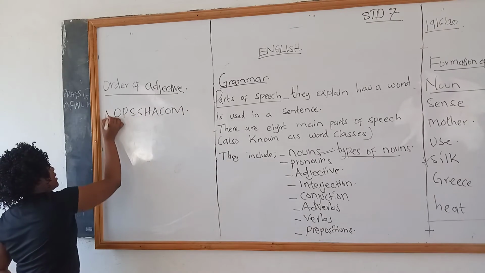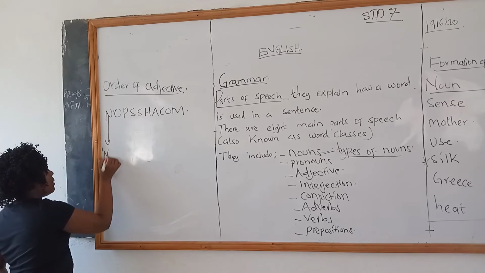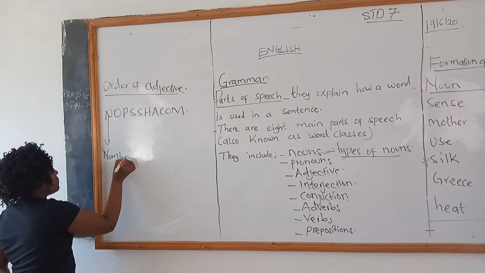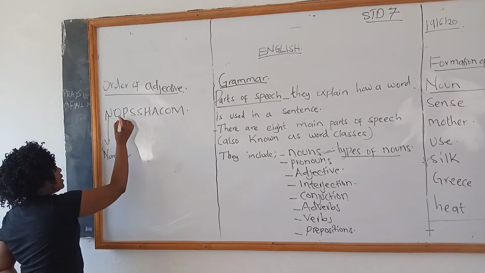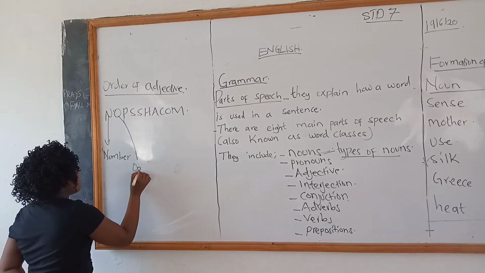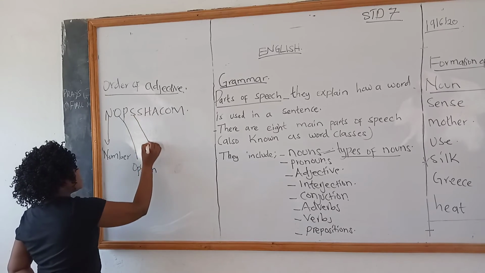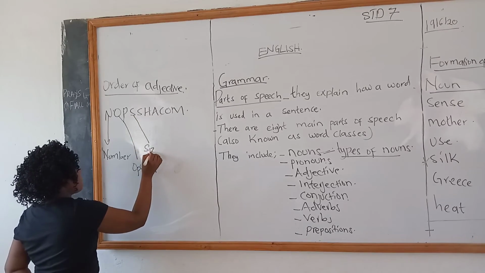Then here is N, which stands for number. Then O stands for opinion. Then the first A stands for size.